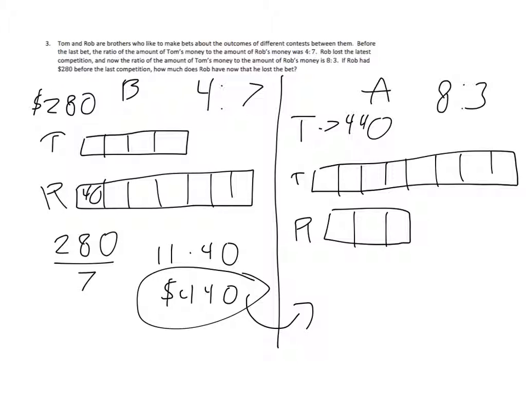Okay, well, again, there's 11 total sections, so you can do the 440 divided by 11, and that's going to get you $40 in each section. So if you know there's $40 in each section, then we got to figure out how much money Rob has after he lost the bet. Well, Rob has 3 sections of 40, so 3 times 40 is going to equal $120.